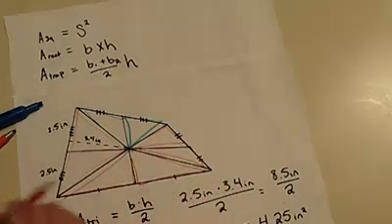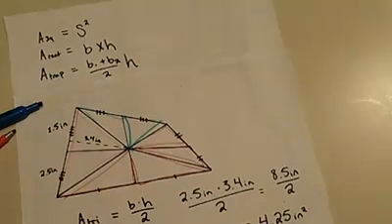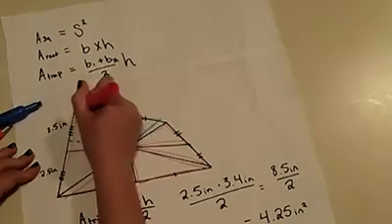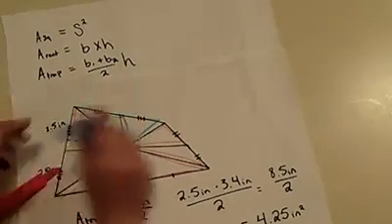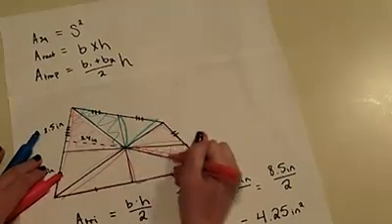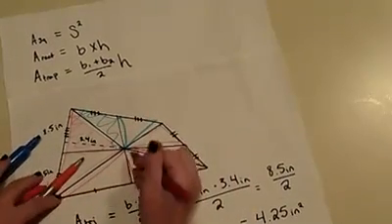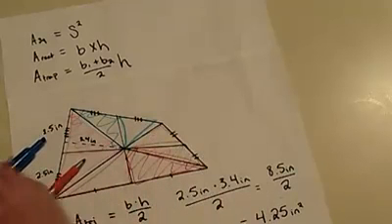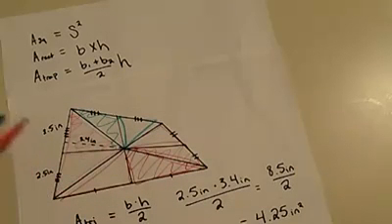Therefore, we only need to find the area of one of each of these, because we know that if we find the area of one, we'll be able to find the area of the other.